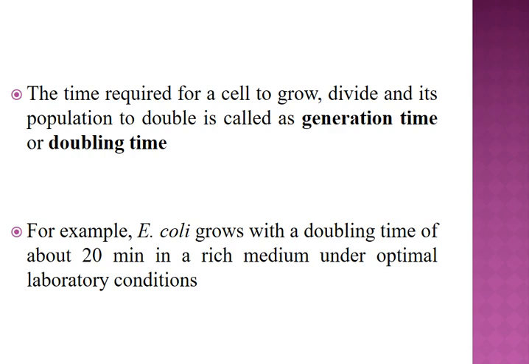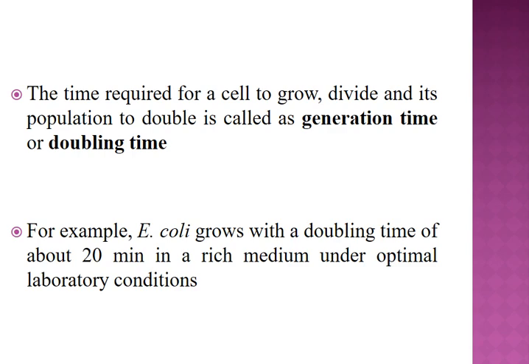Usually in unicellular organisms like bacteria, the generation time is very short. I can give you an example of E. coli. E. coli grows with a doubling time of around only 20 minutes in a nutritionally rich medium under optimal laboratory conditions.